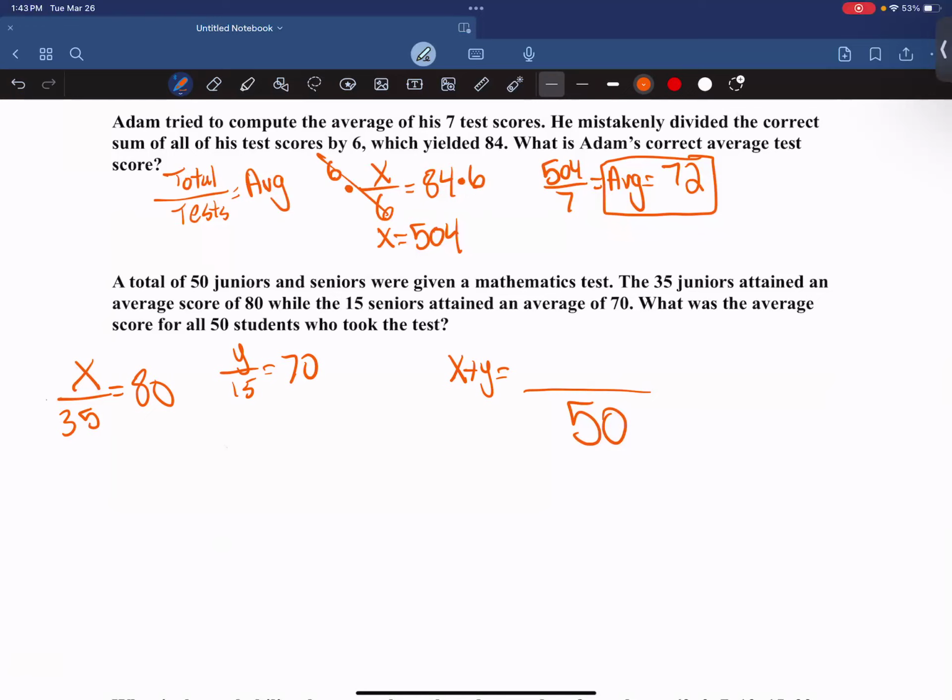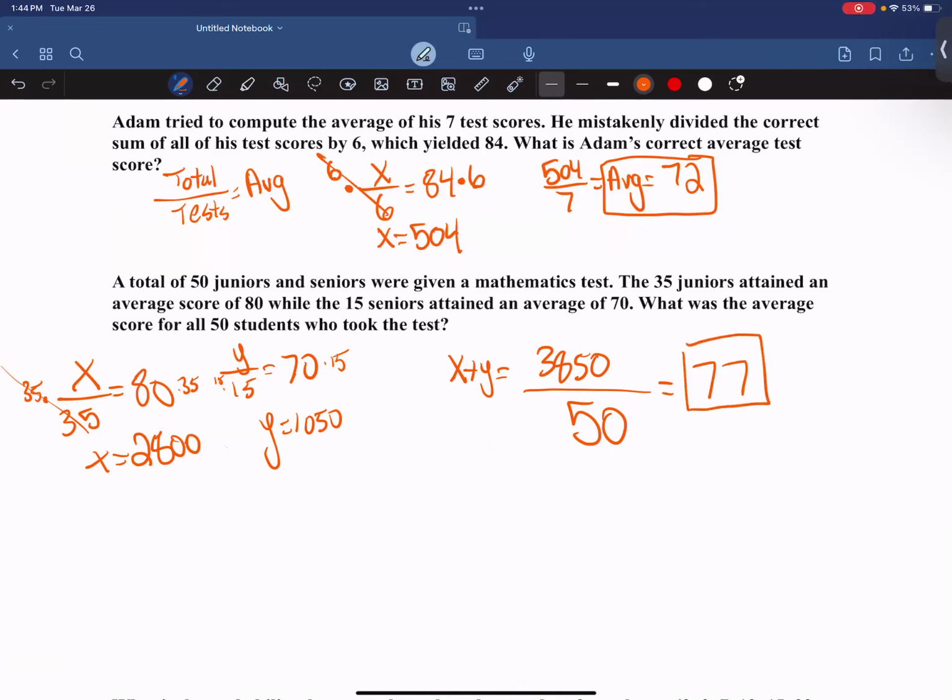So multiply by 35, multiply by 15. You're going to get x equals 2,800 and y equals 1050. When you add those together, you're going to arrive at 3,850. Boom. Well, what do we do now? Well, you just simply divide out, and you're going to get that all 50 students had an average of 77.